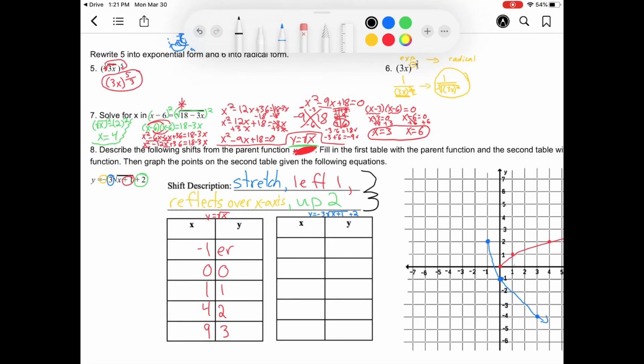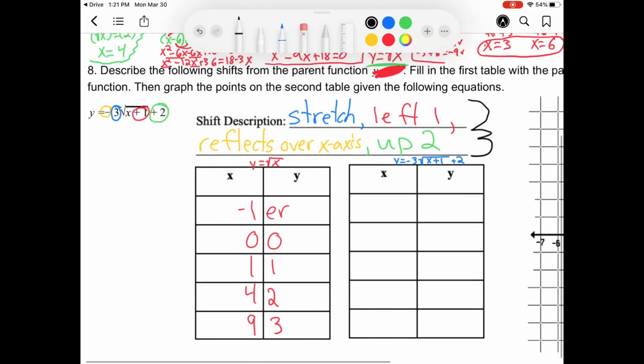The reflection over the x-axis, was it on the inside with the x or the outside? It's on the outside of the radical, so it doesn't affect the x's. Our up 2 is also on the outside, so that doesn't affect the x's. Lastly, our left 1. Our left 1 did.